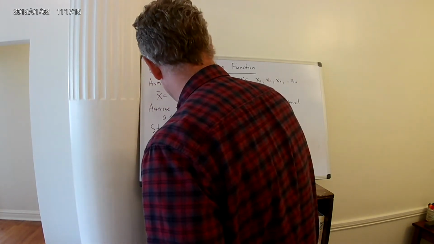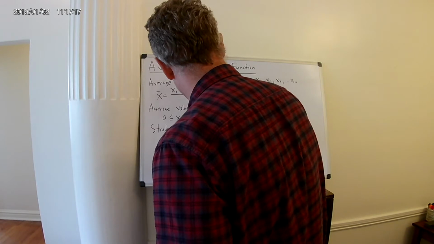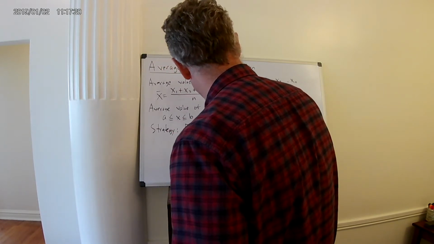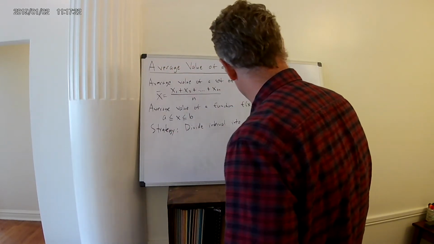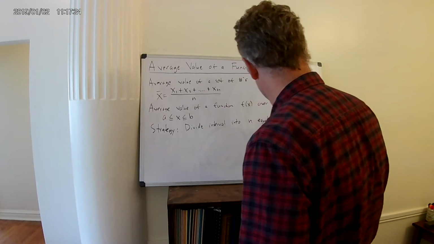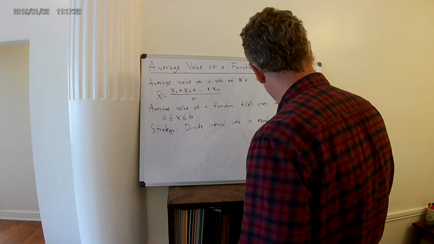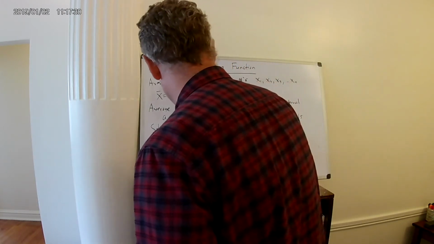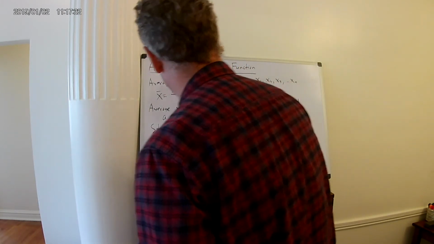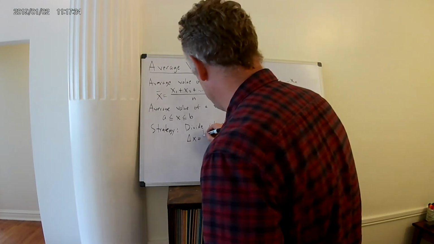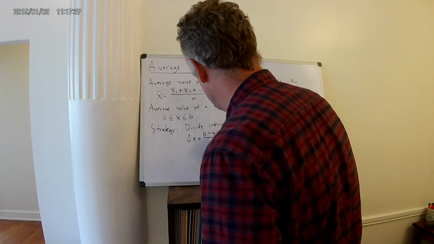We're going to divide our interval into n equal subintervals, where the width of each subinterval is equal to the endpoints b minus a divided by n.